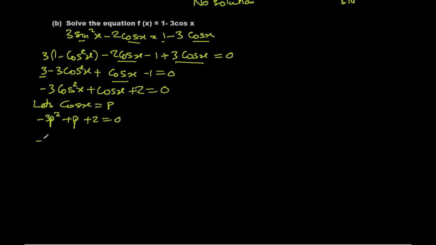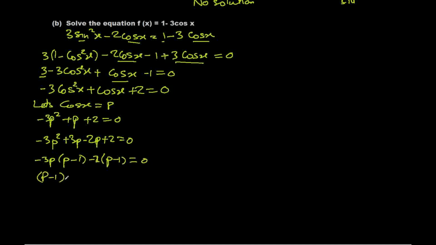So minus 3p square, 3 times 2 is 6, so plus 3p minus 2p plus 2 equal to 0. Let me take minus 3p common here, so we'll be left with p minus 1, and let's take minus 2 common from here. It will be p minus 1. So the factors are p minus 1 and minus 3p minus 2 equal to 0.